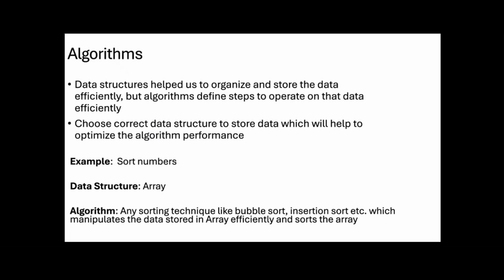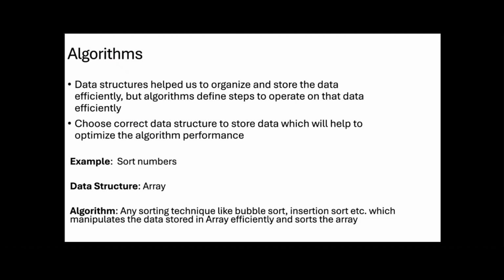So it uses the properties of the data structure very efficiently. But if I store the same numbers in a linked list and try to sort it, it is very difficult, in the sense that it will not be as performant as the array.